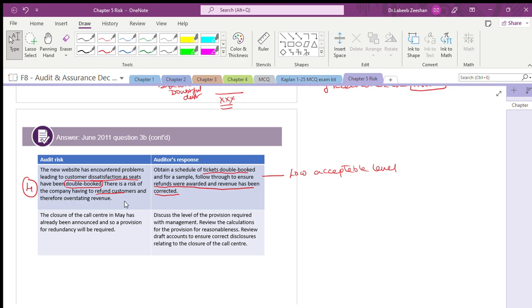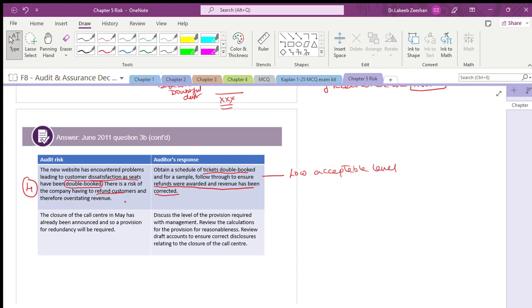You obtain a schedule, the list of the tickets that have been double booked, and you take a sample. On that sample you see whether it has been returned to the right person or not. Automatically, things will be straight.